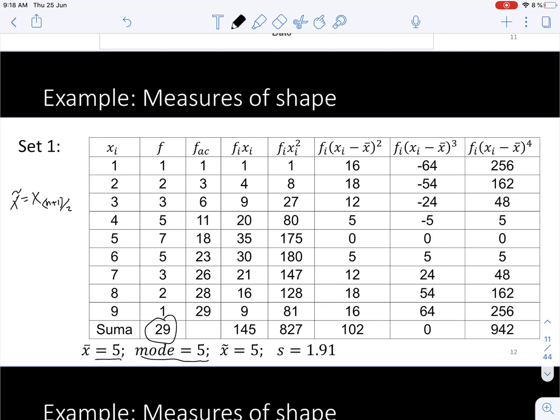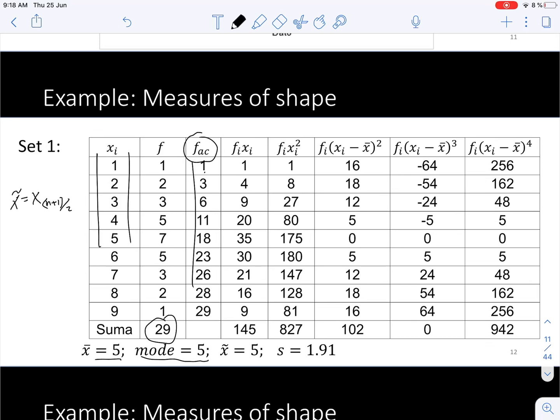So how do we know where to get that position? That's when the cumulative frequency comes in handy. If we compute the cumulative frequency, we know the positions. For example, remember that this data is arranged from the lowest value to the largest value. So here in the first class, there is only one value, so that's the first position.